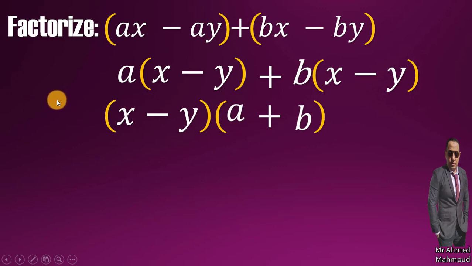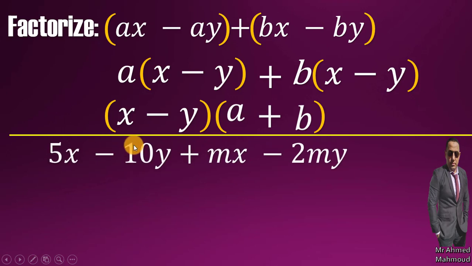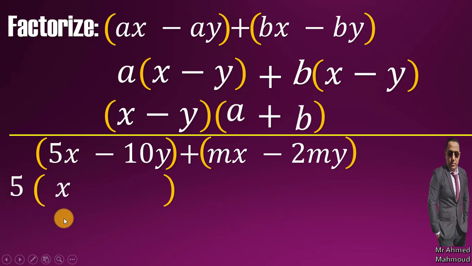Let's study another example. For example, if I have 5x minus 10y plus mx minus 2my. First, I'm going to regroup this expression, first and second inside brackets, and third and fourth inside brackets. In the first expression, 5x and 10y, I see that 5 is a common factor. 5x divided by 5 equals x.